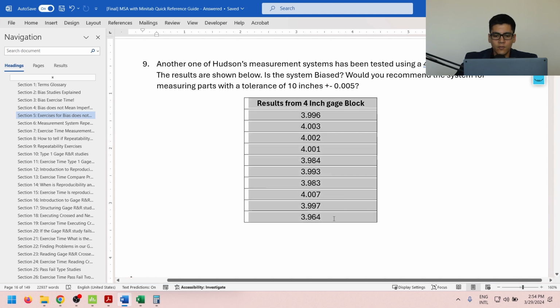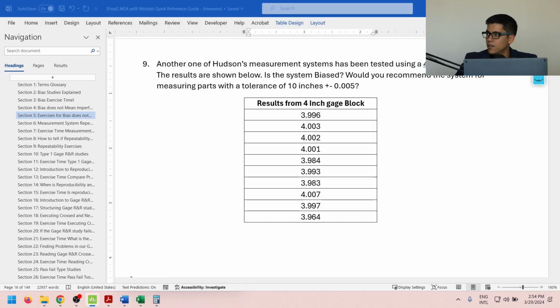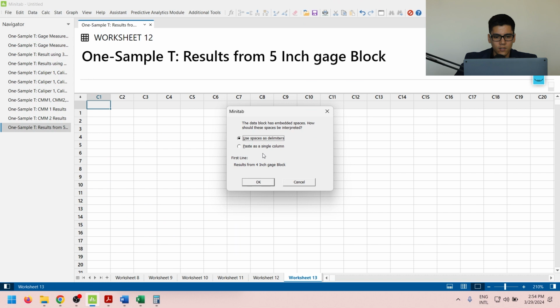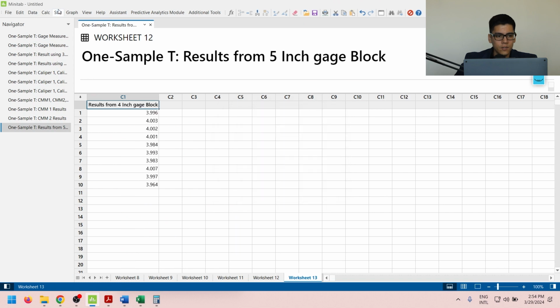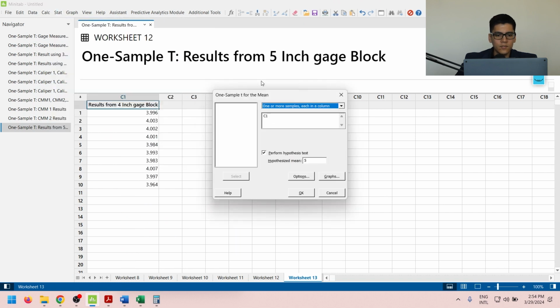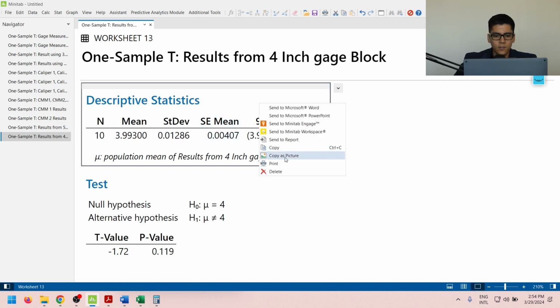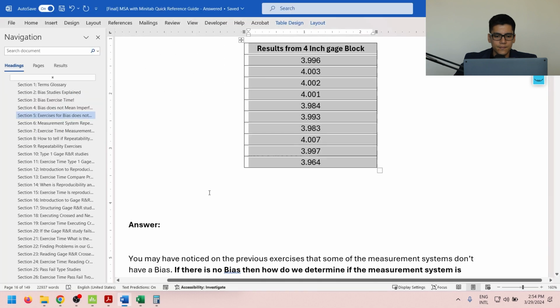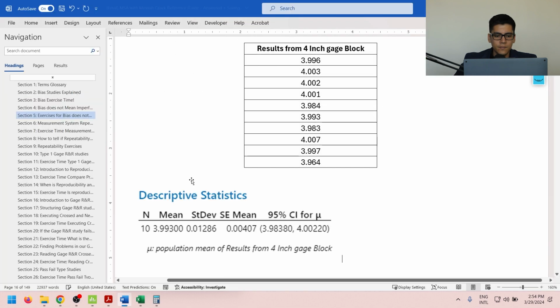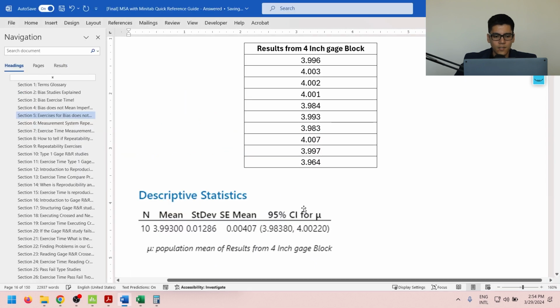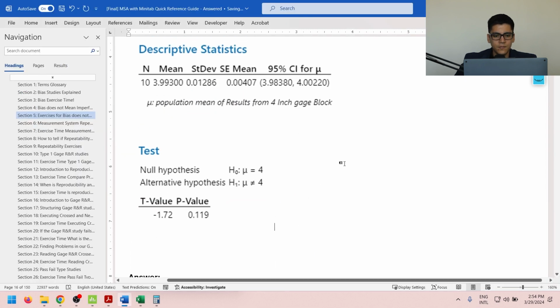So we're going to copy our information again, and we're simply going to paste it over into a brand new Minitab sheet. So I'm going to copy and paste here. Stat, Basic Statistics, one sample t-test, and a hypothesized mean of 4. We can now review our data, copy as picture, and paste it here.